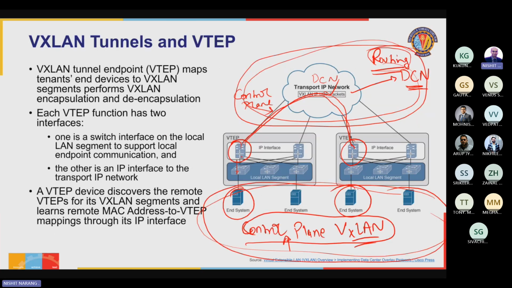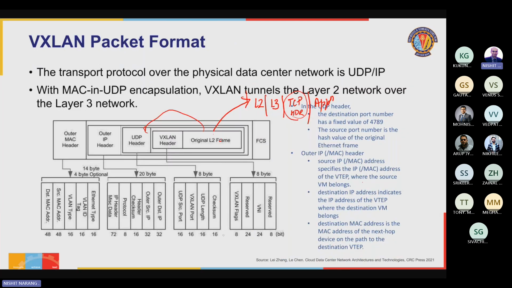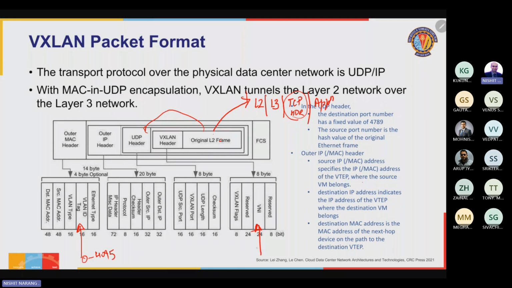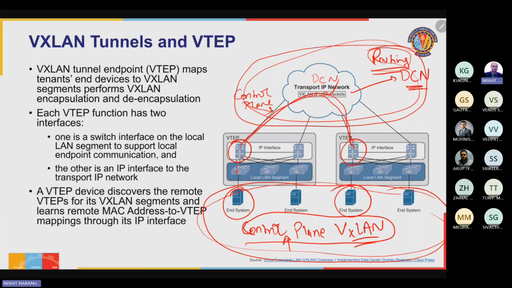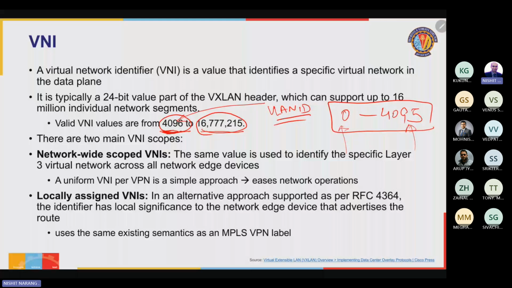If you remember that diagram I showed you, when you do this encapsulation, there's both a VNID and a VLAN ID that I can make use of. So I'm just guessing the VLAN ID could be used for virtual networks 0 to 4095, and the VNID for virtual networks 4096 onwards up to 16 million. So the VXLAN ID valid value starts from 4096.